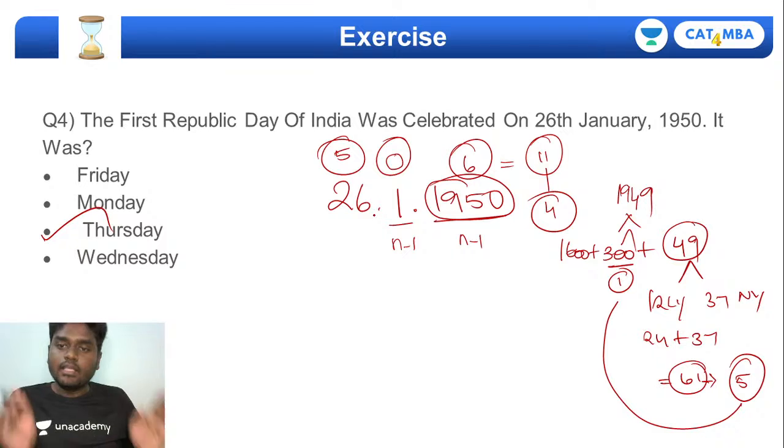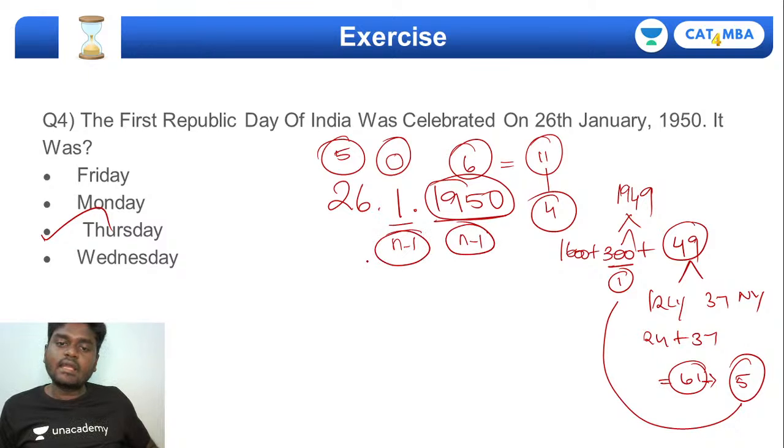Don't do that. If you have been given a date, quickly go and do n-1 for the date and month. Then take the respective year and the month into consideration. Don't take the year exactly as given to you. Do n-1 and take that year.